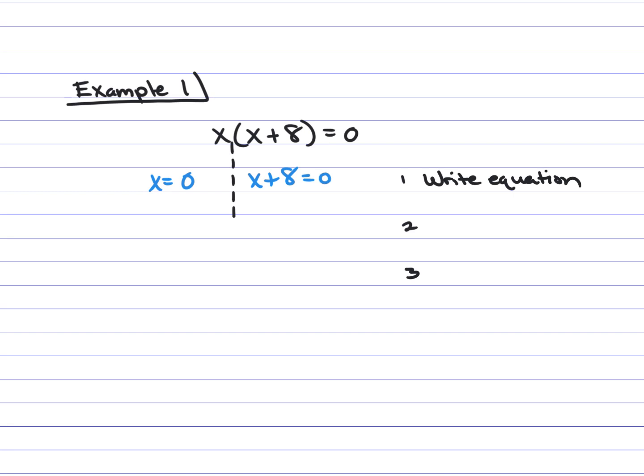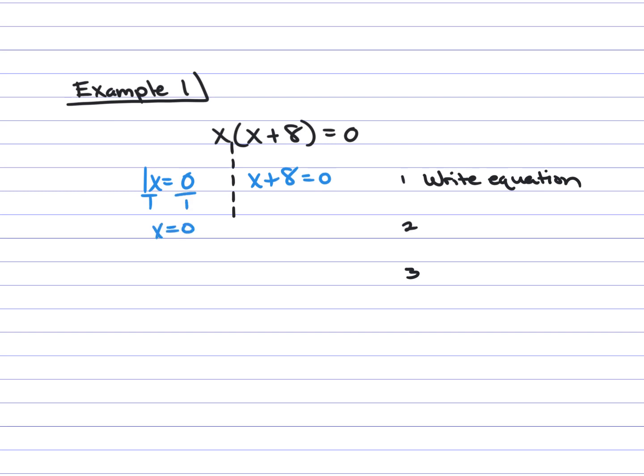My next step is to solve. This one is already solved, right? 1x equals 0; if you divide by 1, x is just 0.